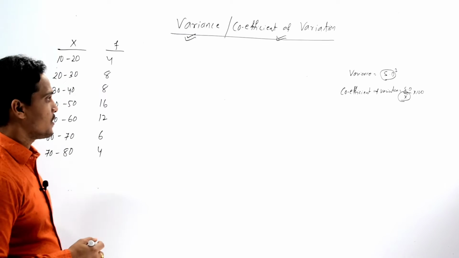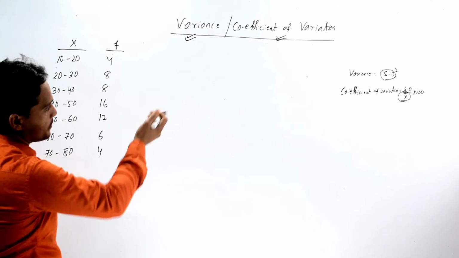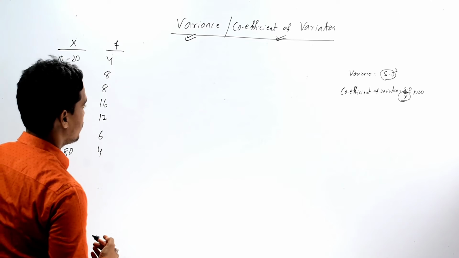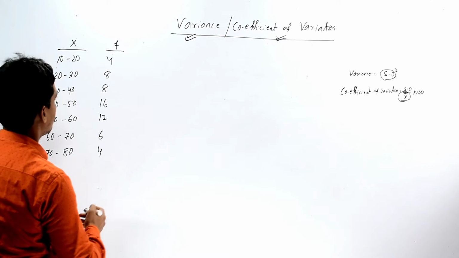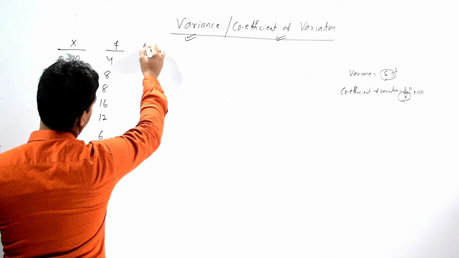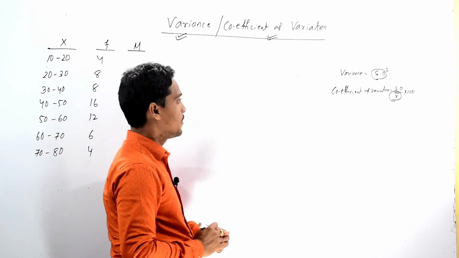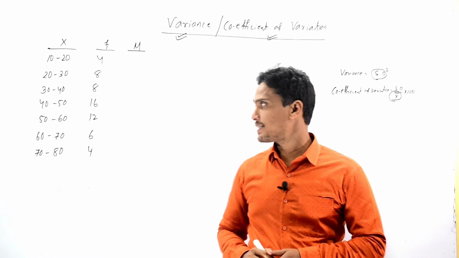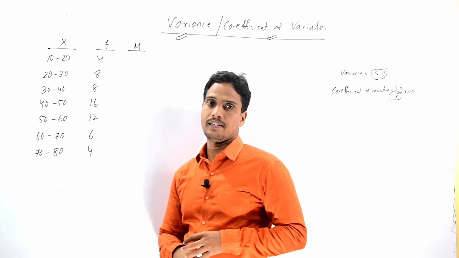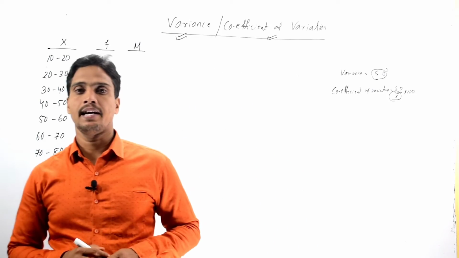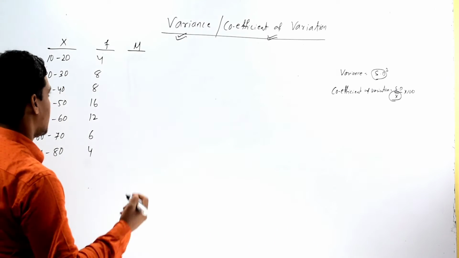So first of all we have to find out arithmetic mean of the given series. For that purpose, we have to find out the midpoint of different classes by averaging the lower limit and upper limit of each class.